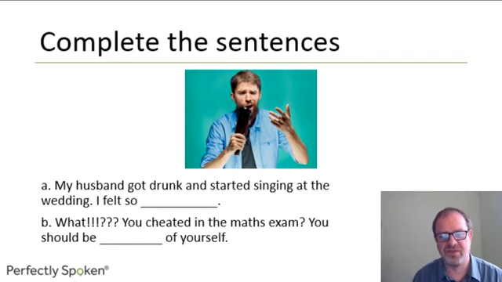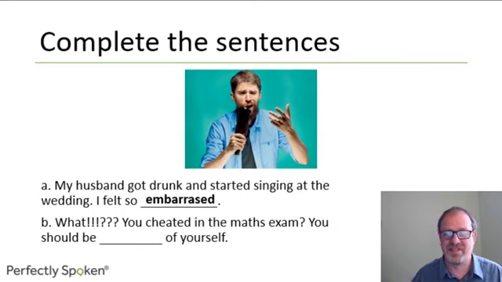So the first one is something which is not morally unacceptable or whatever, you feel a bit, oh my God, I wish you wouldn't do that, is I felt so embarrassed. Whereas the second one, you should feel ashamed of yourself. It's a terrible thing to do, to cheat in an exam. Well, obviously lots of people do it, but yes, it's considered morally unacceptable usually. Okay.